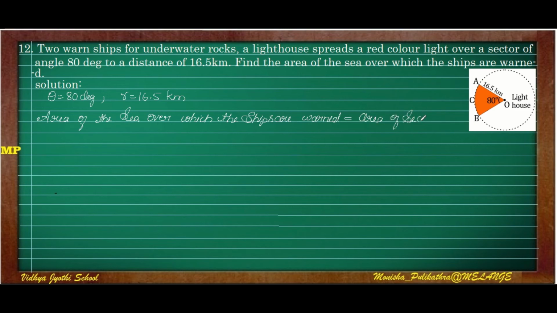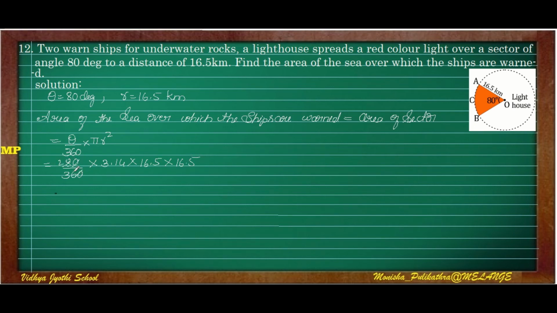So this sector which we can see, that is the area of the sector. Area of sector is given by the formula theta by 360 into pi r square. So theta is 80 by 360 into pi r square. So pi we will take it as 3.14 into 16.5 into 16.5.